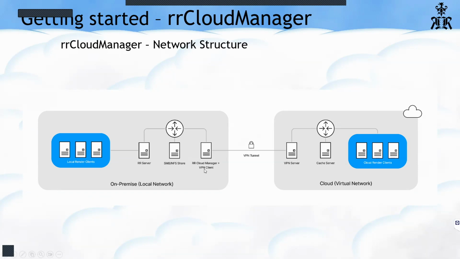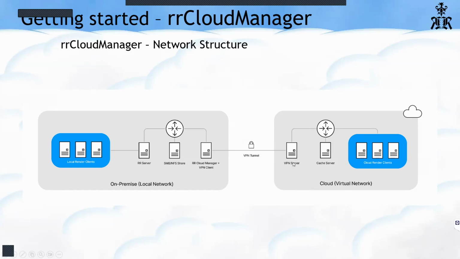And additionally, you have one machine that is running the Cloud Manager and the VPN client. We do that just for convenience on one machine. You could split that up if you want or need to. And on the right side, we have the cloud, the virtual network part of the hybrid render solution.